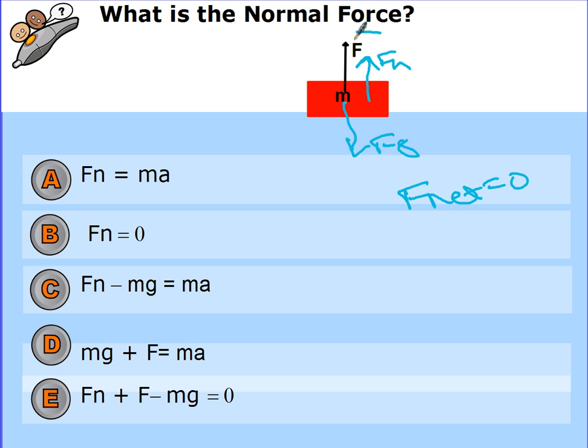What forces do I have going up? I have F. I have Fn. And I have Fg going down, so I'll be subtracting Fg or Mg. Okay, and that equals 0, so our answer is E.